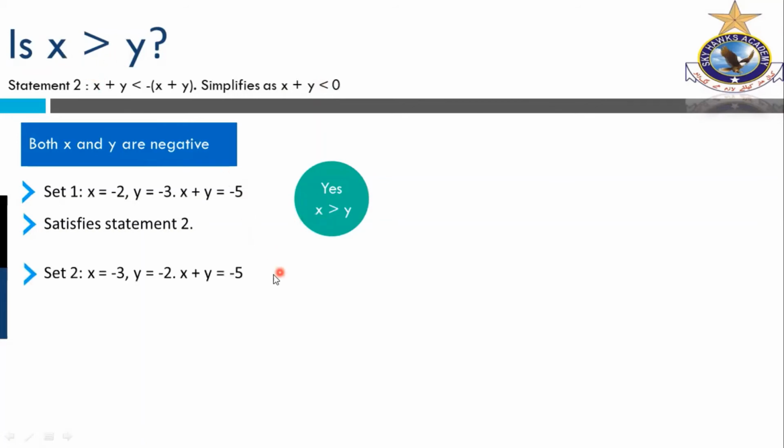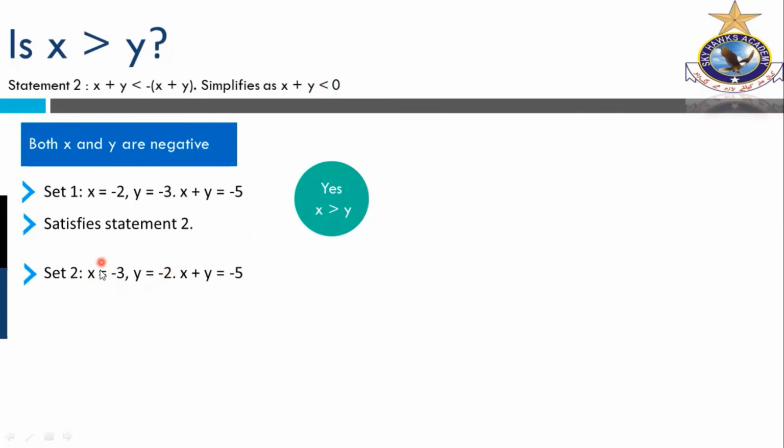Now, if we replace the values, x is minus 3 and y is minus 2, then their sum is once again minus 5. So in this way you can see, now which one is greater?